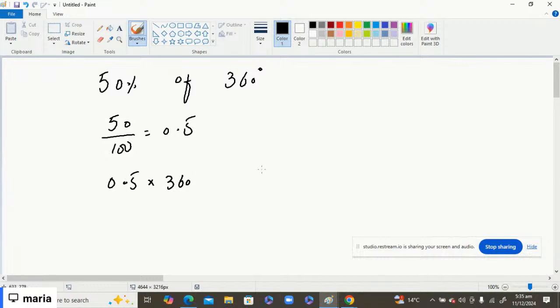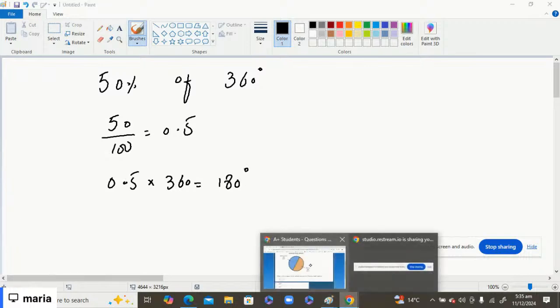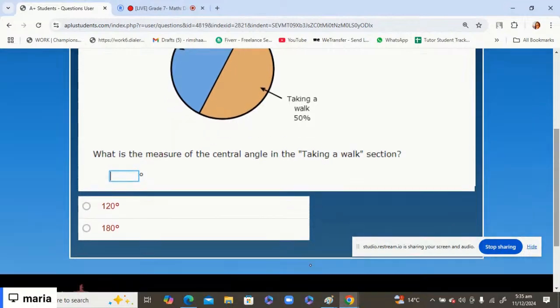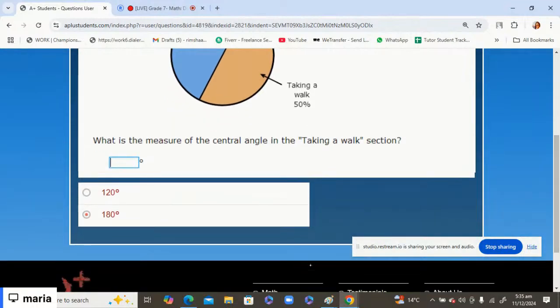Then the answer we get is 180 degrees. So here, is there any option for 180? Yes, it's here.